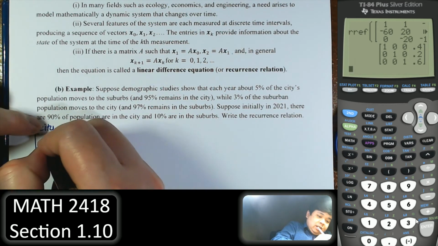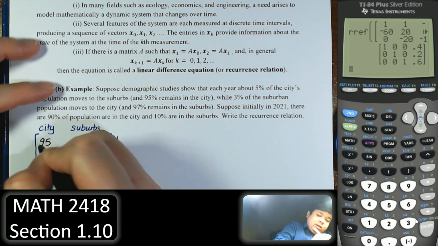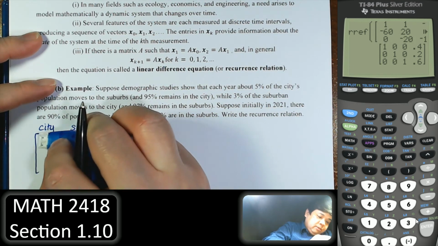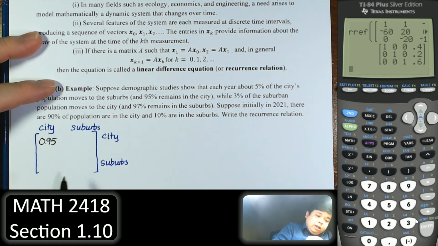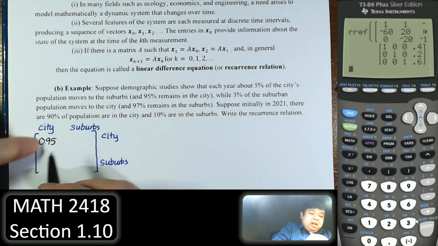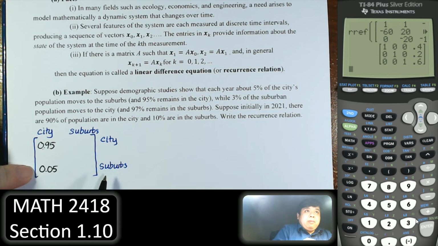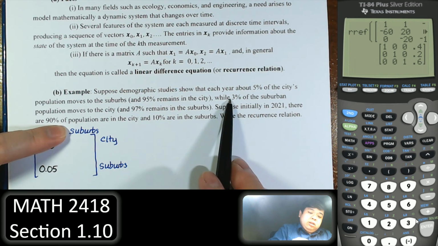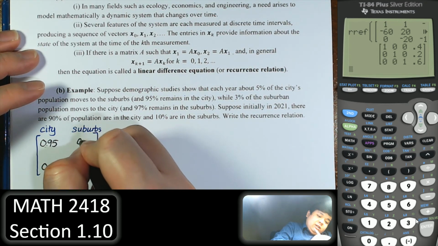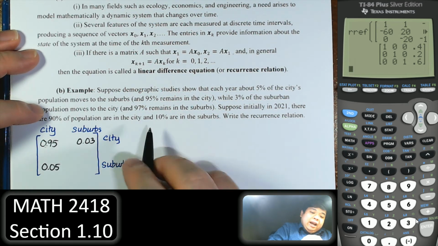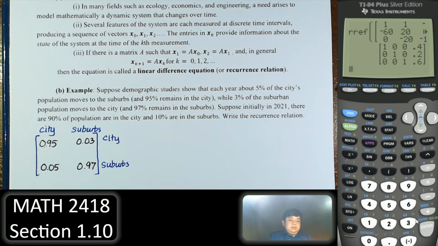So from the city, 95%, I should say 0.95, of the city stay in the city, and 5% of the city go to the suburbs. For the suburbs, 3% go to the city, and 97% remains.